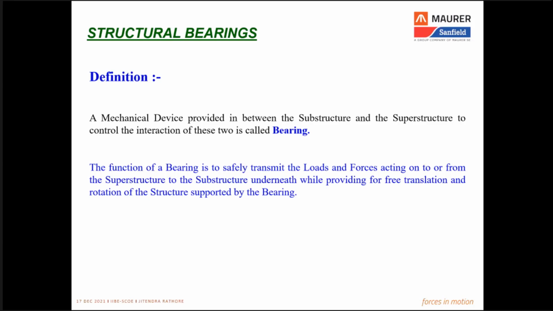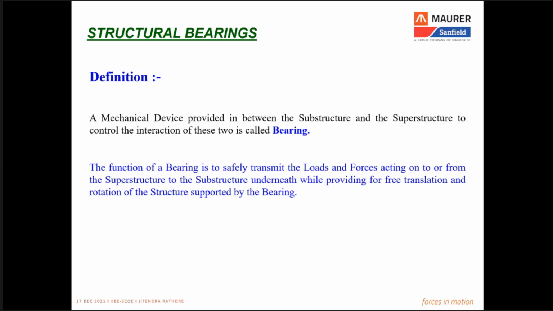The function of a bearing is to not only safely bear and transmit the loads and forces from the superstructure to the substructure, but also at the same time to allow an adequate degree of freedom in terms of translation and rotation that is required by the superstructure, because we all know whether the structure is made up of concrete or steel, it has the influence of temperature, and under the temperature influence it has thermal expansion and contraction.